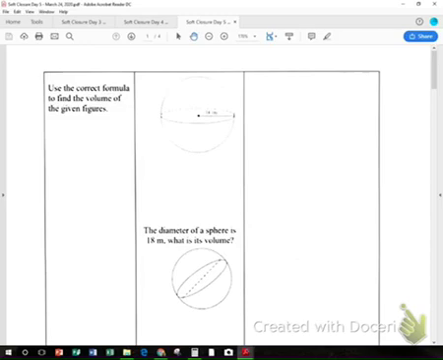Anyways, what I want to teach you today, kids, is how to find the volume of a sphere and a hemisphere. Okay? A sphere is a ball, man. Like if you didn't know, a sphere is a ball.